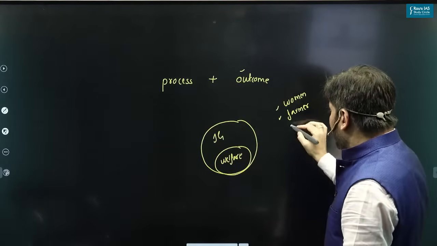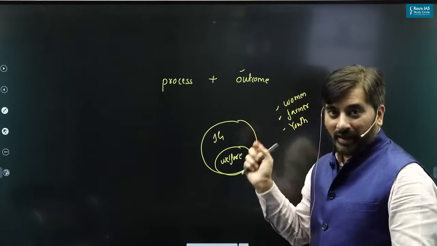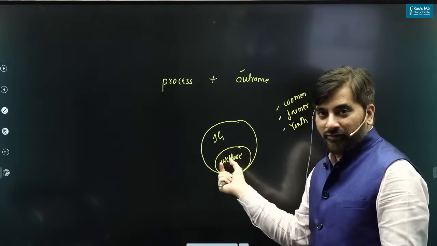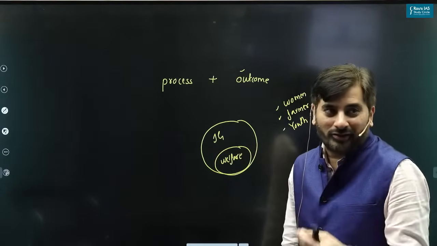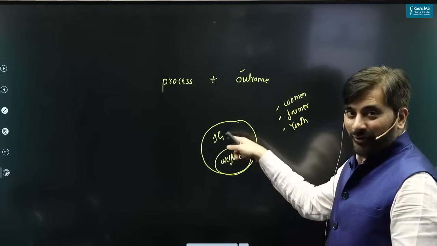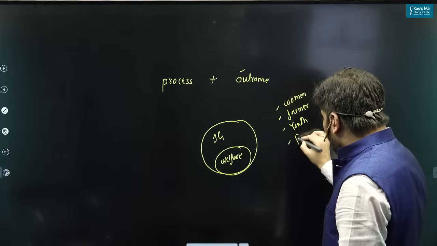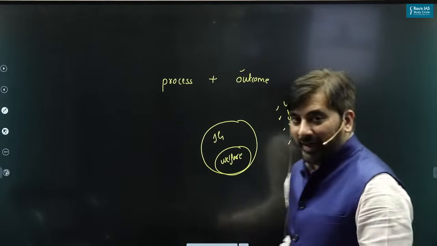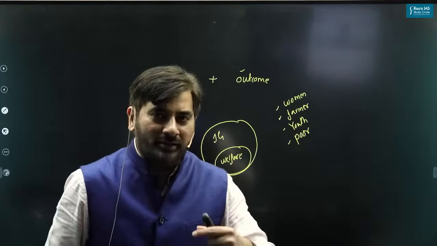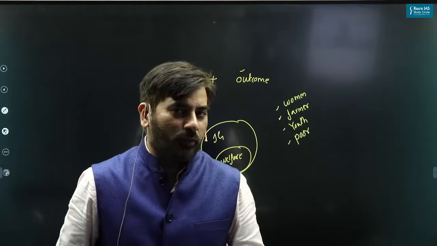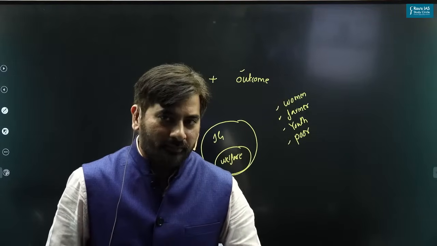If government is providing unemployment allowance to youths, then it becomes welfare. But if government is creating employment opportunities for the youth, then it becomes inclusive growth. Same way, if government is providing direct benefits transfer to poor, welfare. But if government is providing employment opportunities to poor through MGNREGA, then it becomes inclusive growth.